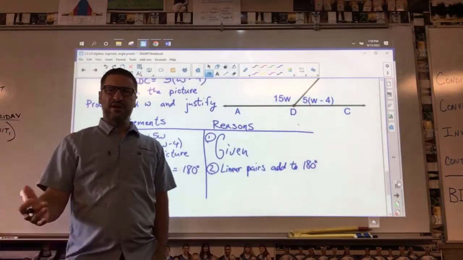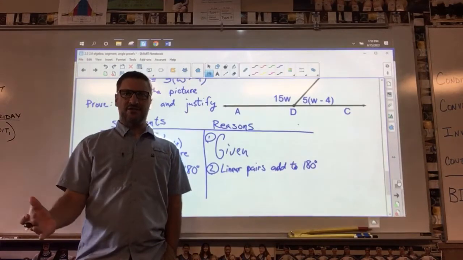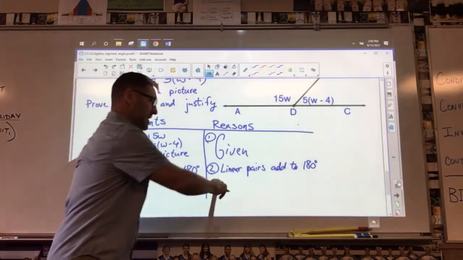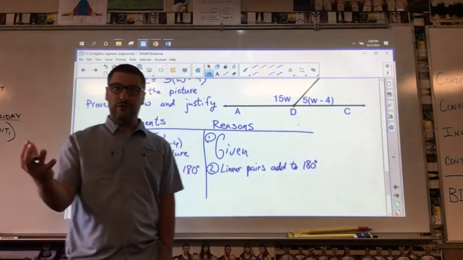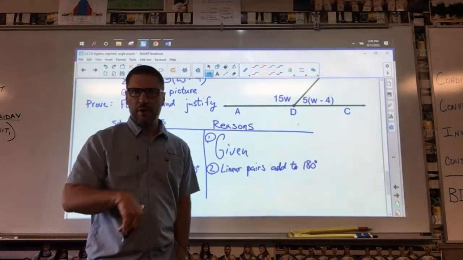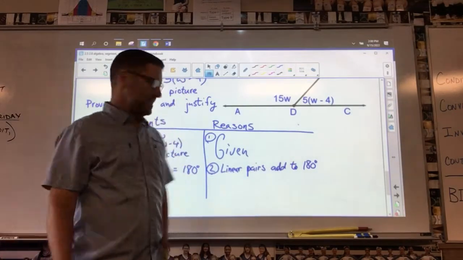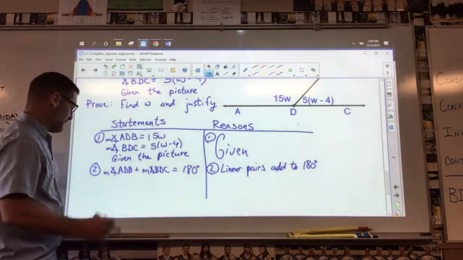I think in this book it's actually called the linear pair postulate. So if you see linear pair postulate, that's what they're trying to tell you. You could write linear pair postulate there. Heck, I don't care if you write linear pair, I heart linear pairs, linear pair smiley face. Doesn't matter to me. It's gotta have something about linear pairs in it because that's why you're able to write that statement.